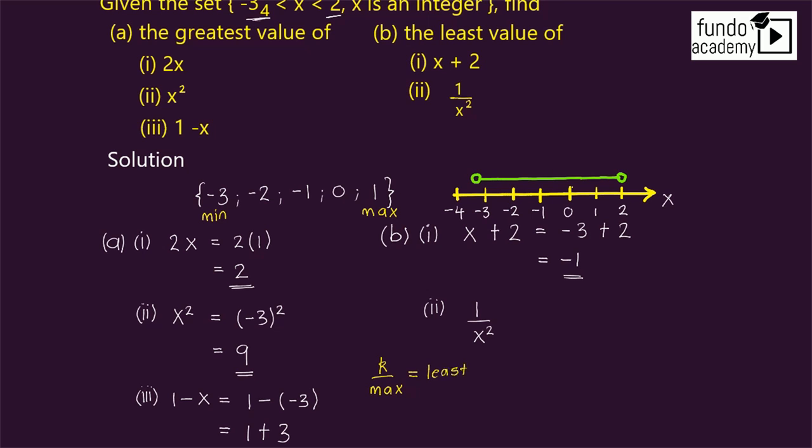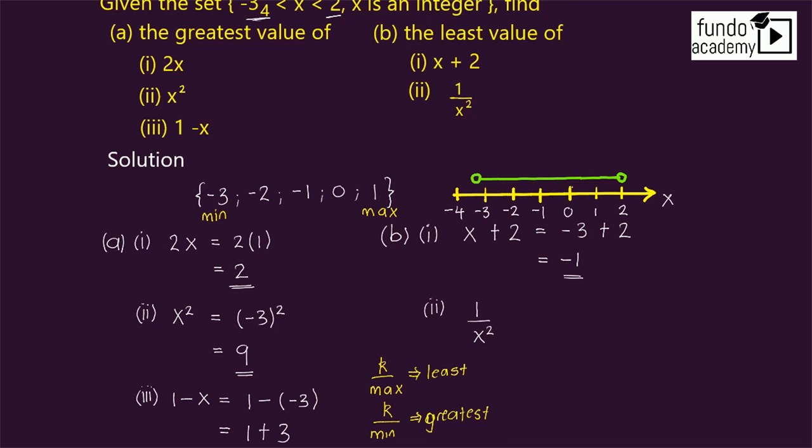But if we divide a constant like 1 by the minimum value, then what we get will be the greatest value. So we get the greatest value when we divide a constant by the minimum value, and we get the least value when we divide a constant by the maximum value. This is very, very important.